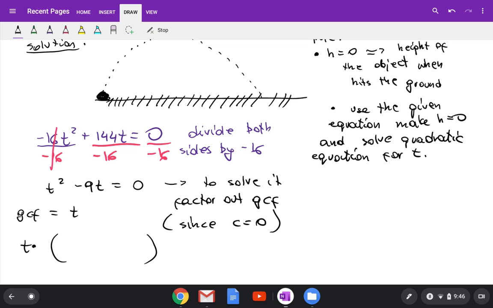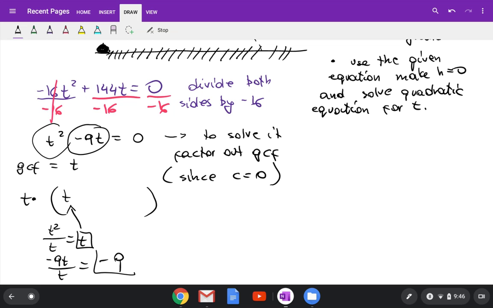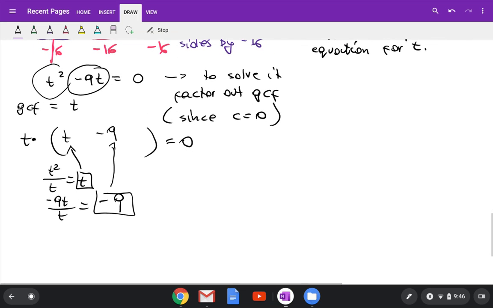So we'll end up with t squared. Here, t squared divided by t will give you t. So that t goes right here in the parenthesis. And you're taking the original, negative 9t, divided by GCF, which is t. You end up with negative 9. And that goes right here. And of course, don't forget that that has to be equal 0. So let me rewrite that. You have t times t minus 9 equals 0.